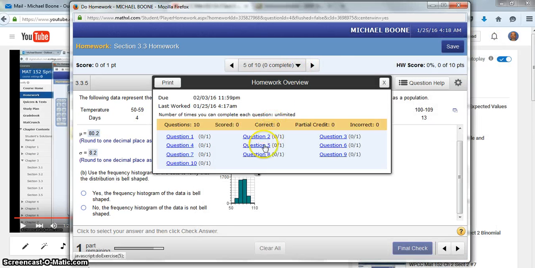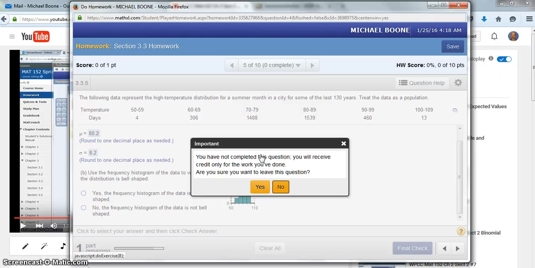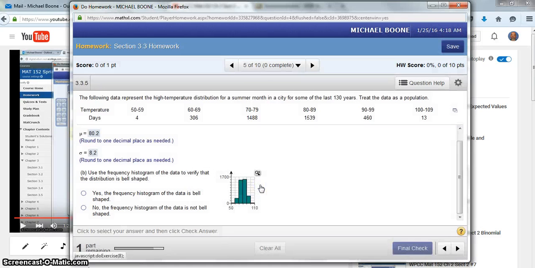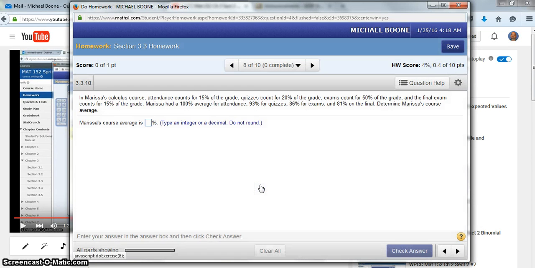There's also another question I want to look at in section 3. And so if we're looking at an average, now here they give us some information. We have attendance is 15%, quizzes is 20%, exams is 50%, and the final exam is 15%.